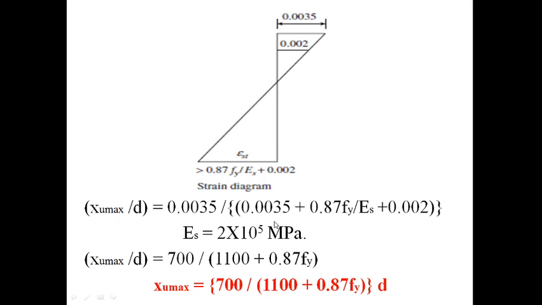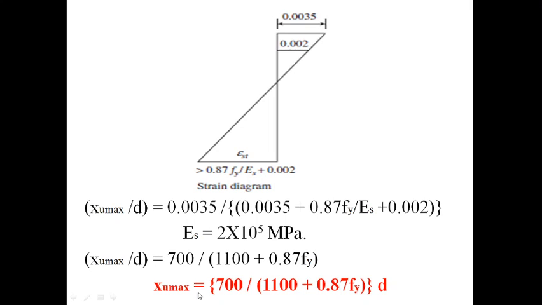But IS code again says that for all grades of steel we should take Young's modulus as 2 into 10 raised to 5 Newton per mm square. Therefore, when I substitute this value of Young's modulus in place of Es, Xu,max by d is equal to 700 upon 1100 plus 0.87 Fy.